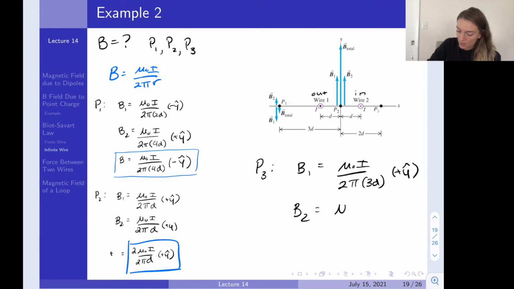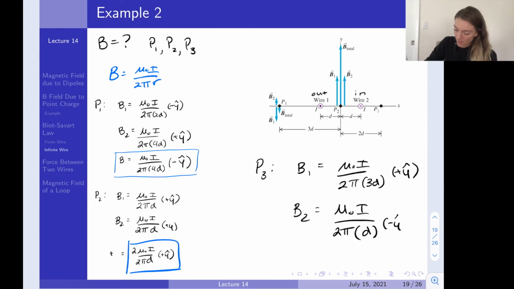And then B2, we have mu naught times I over 2 pi. Now, the distance from wire 2 to P3 is just d. So this is just d here. And then the direction, we point our thumb downward, our hand curls this way, and we're going downward at point P3.